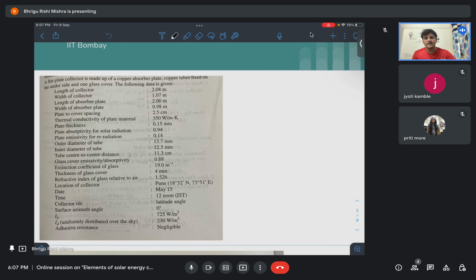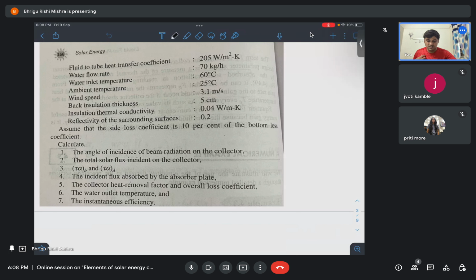We have to calculate the angle of incidence of beam radiation on the collector, the total solar flux incident on the collector, the tau alpha b and tau alpha d, which we have already seen in last week's session, the incident flux absorbed by the absorber plate, the collector heat removal factor and overall loss coefficient, the water outlet temperature, and the instantaneous efficiency. So these 7 things we will calculate based on the data given for the flat plate collector.